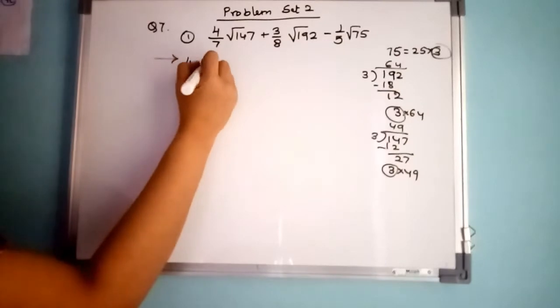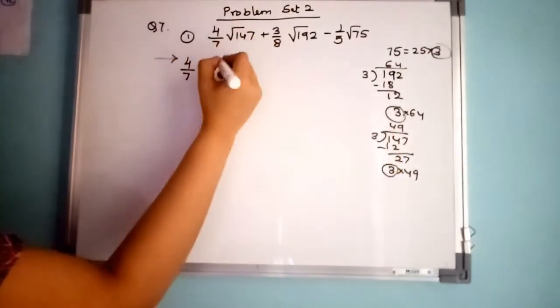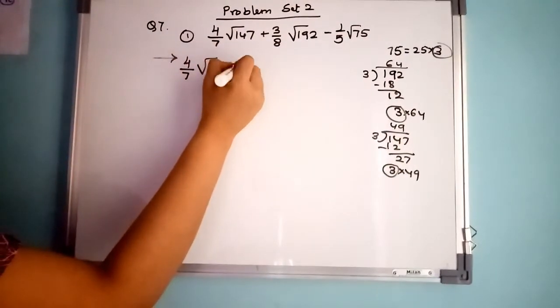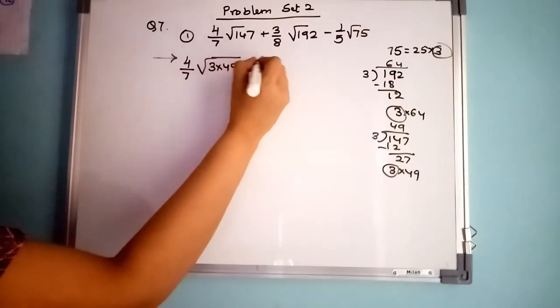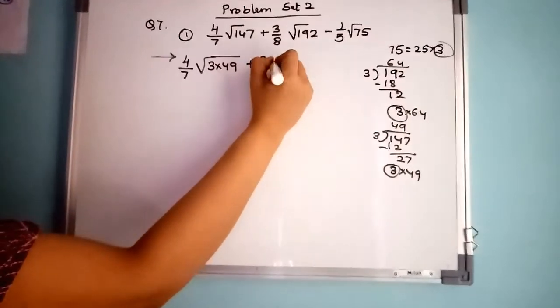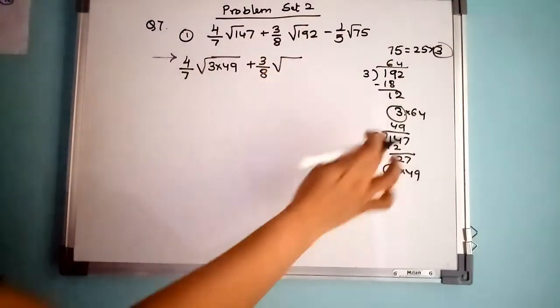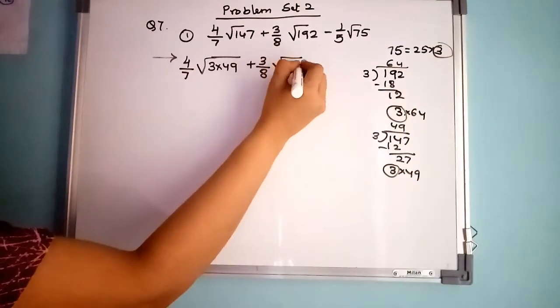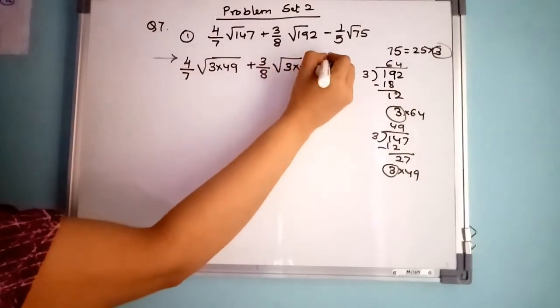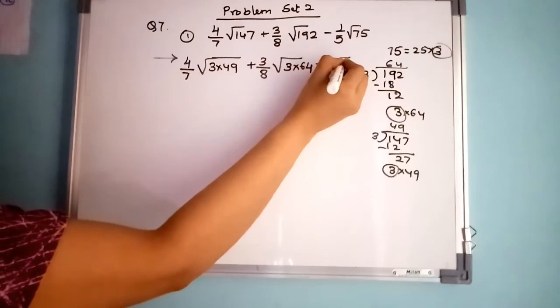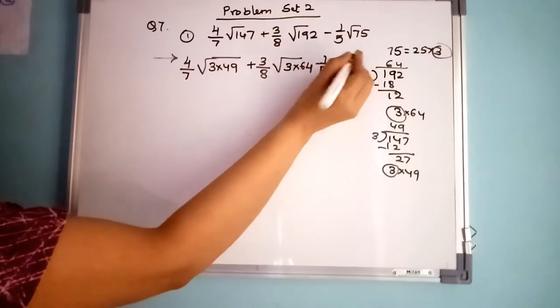So we can see that now root 3 is a common factor among all, and it also carries hidden square numbers. So 3 into 49, 3 into 64 and 3 into 25 along with their constants.